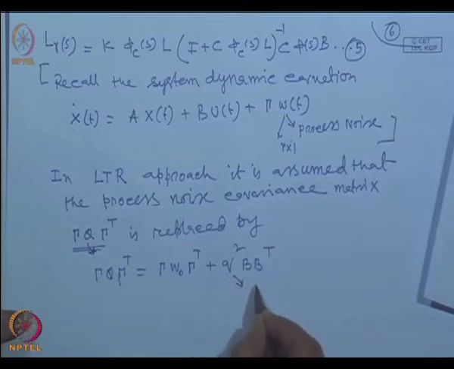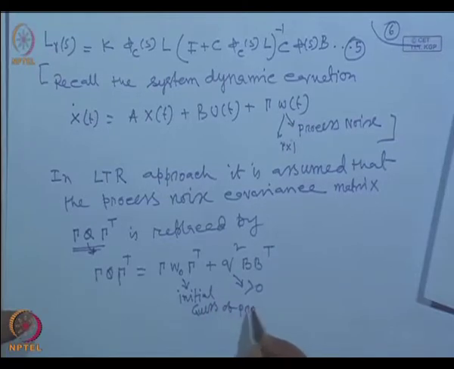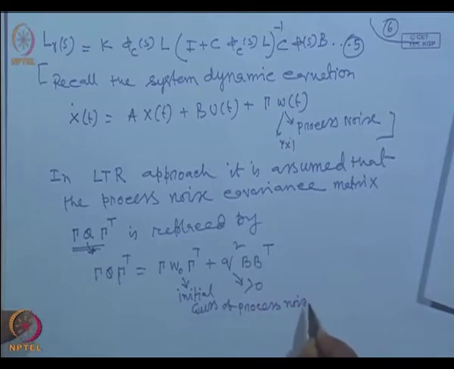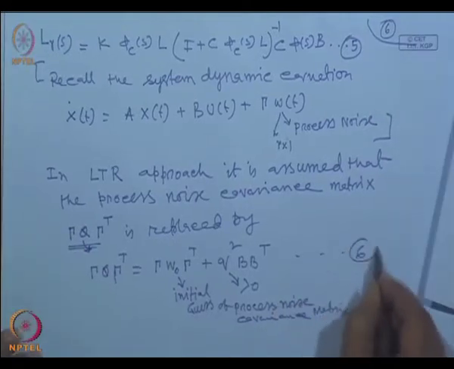Okay. This q is any positive scalar quantity and gamma W 0 is the initial guess of the process noise covariance matrix. So, let us call this equation number 6.